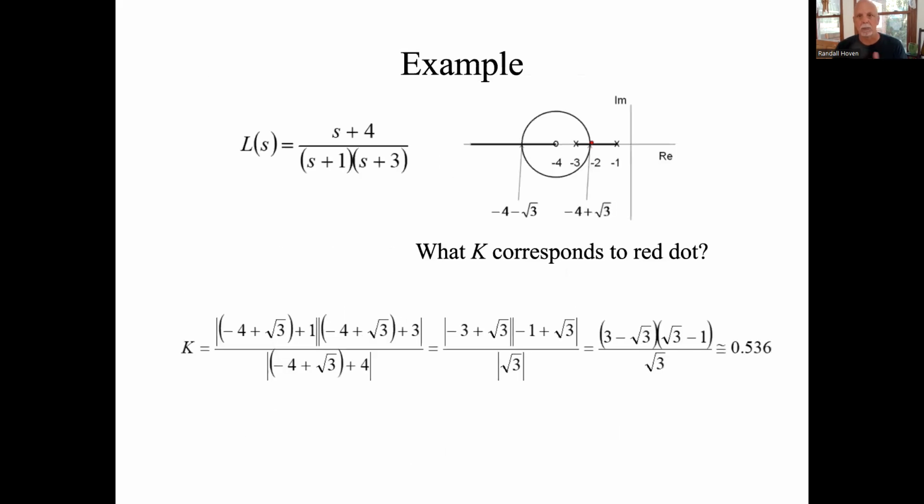Let's get into an example of how to calculate the k. Here's our L. Here was the root locus, and we're interested in this exact point where it starts splitting off. We already calculated that as -4 plus the square root of 3 in this case.